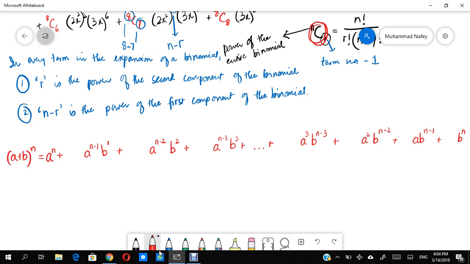Now let's apply the binomial coefficients. So n is something that remains constant everywhere. nCr, this comes here.